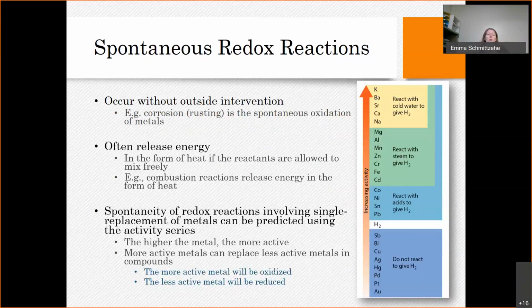So what happens is you start with that more active metal and it's neutral. And what happens is it'll kick another metal out of the compound. And in that process, it becomes oxidized, so it loses electrons. Whereas the less active one that gets booted out of the compound needs to actually pick up electrons. And so it picks up electrons and becomes reduced, okay?